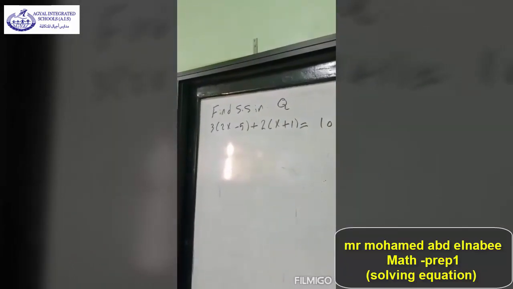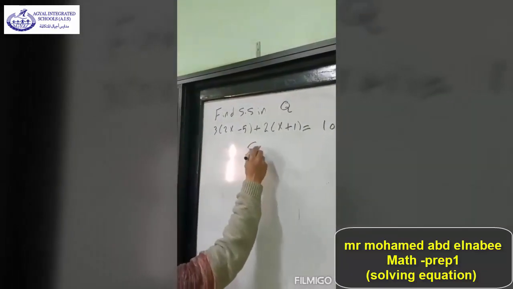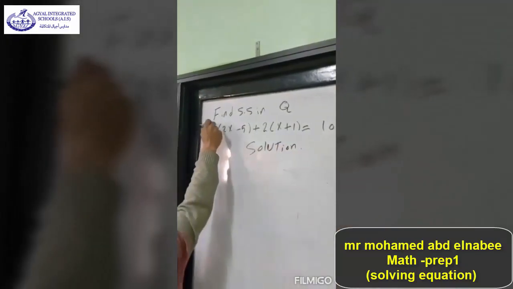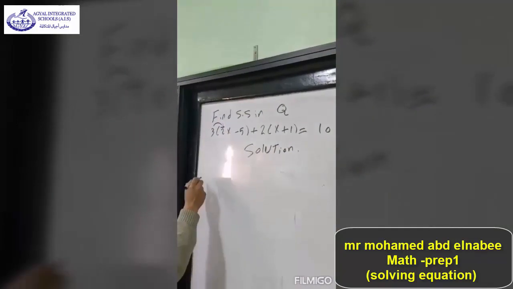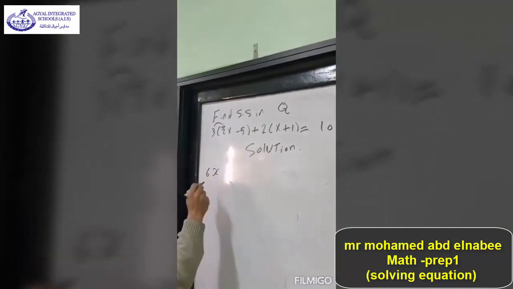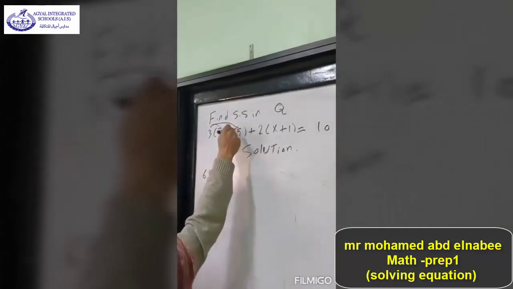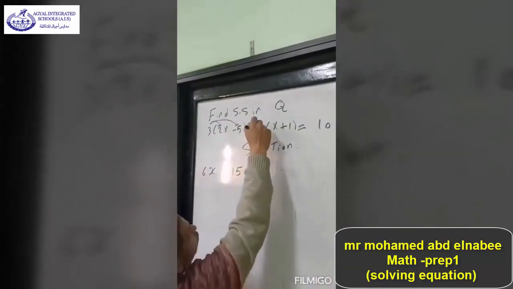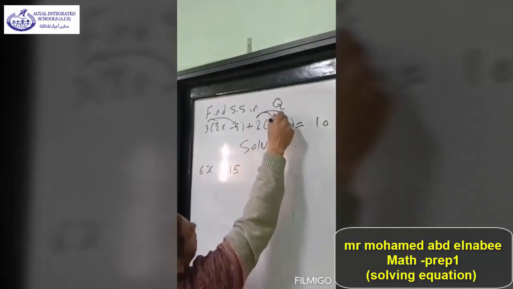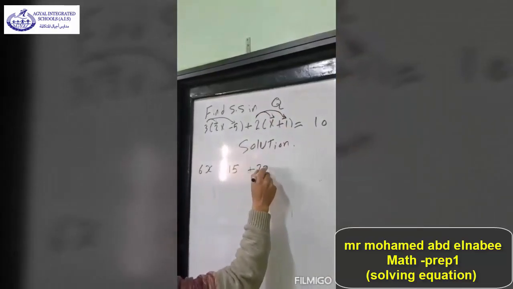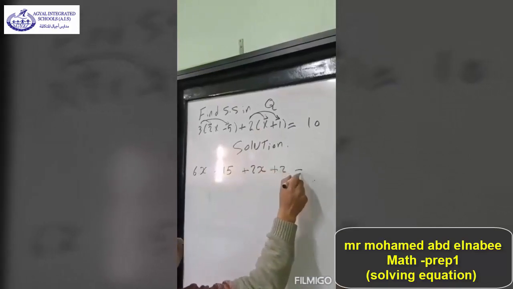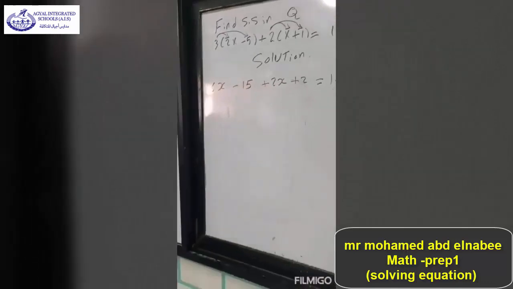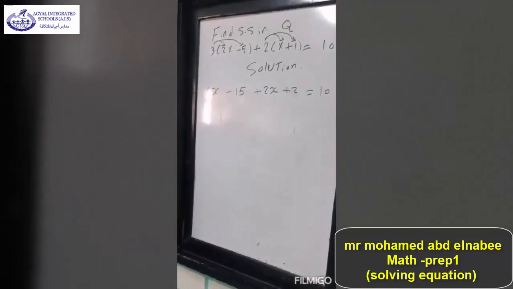This is the first step to solve this. 3 times 2x, 3 times negative 5, then 2 times x, 2 times 1. All of this equals 10. This is the first part.